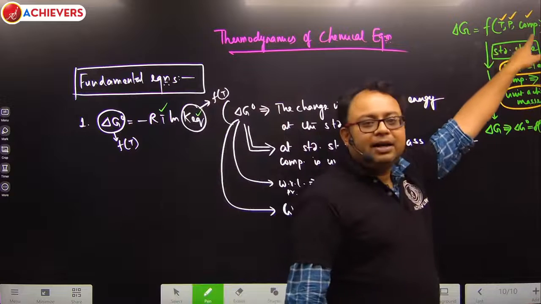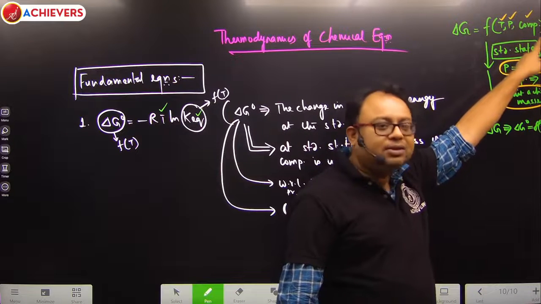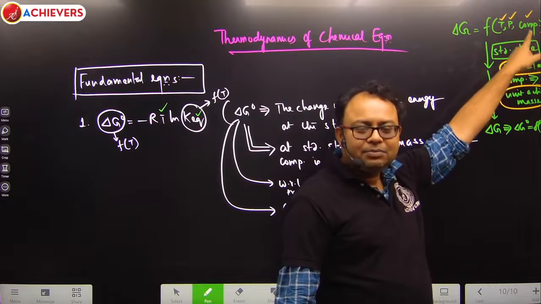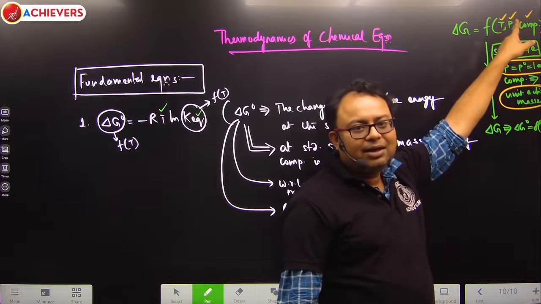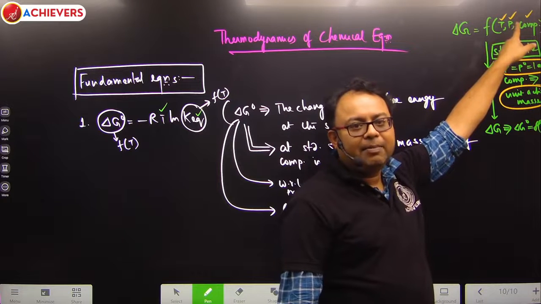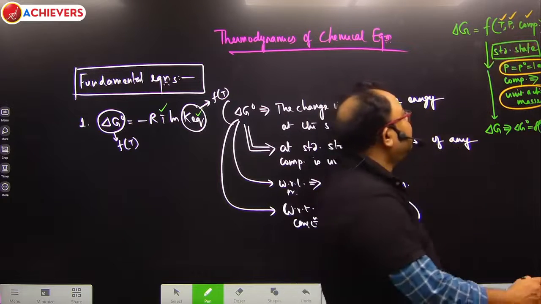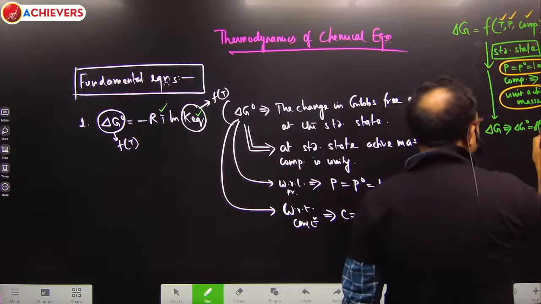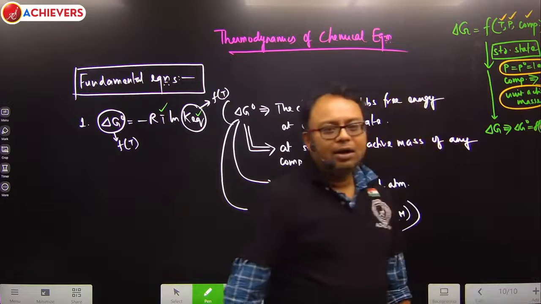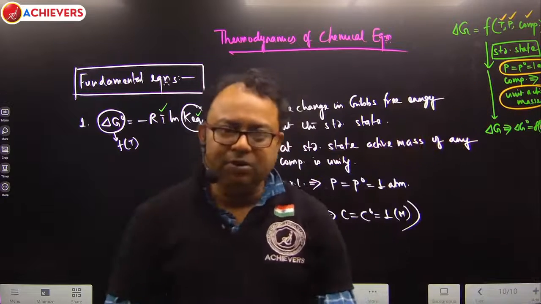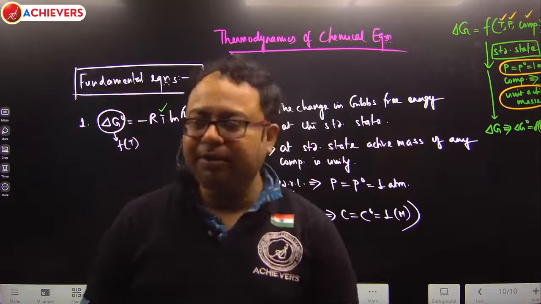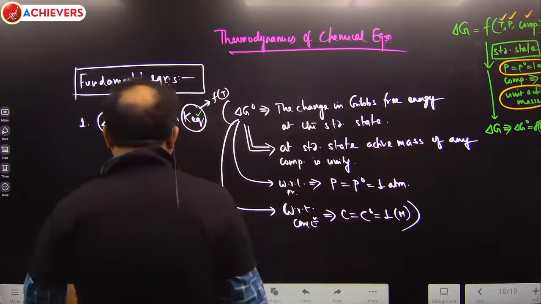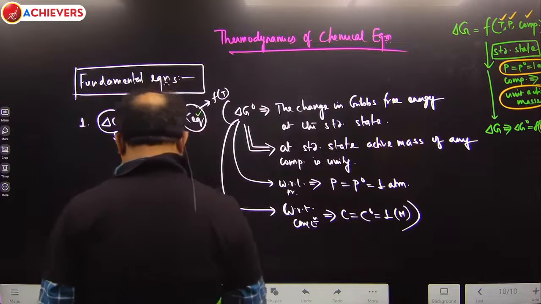So the pressure and composition become fixed at unity. So naturally, the only variable parameter left is temperature. So delta G naught rather happens to be a function of temperature only. So I think you have understood this equation.